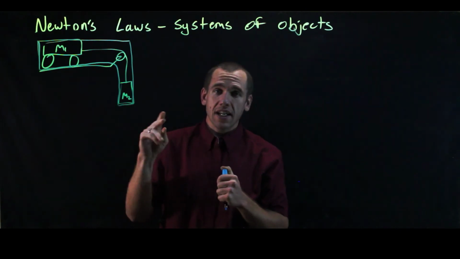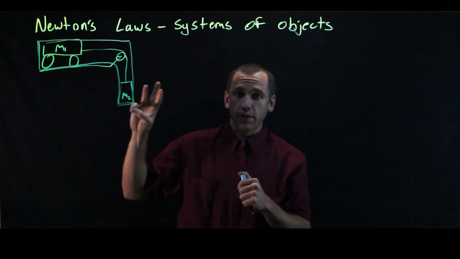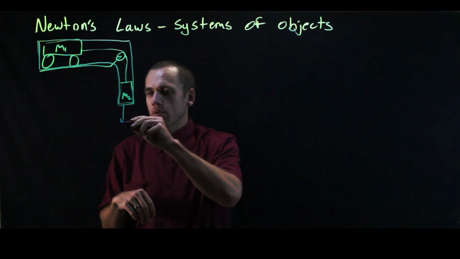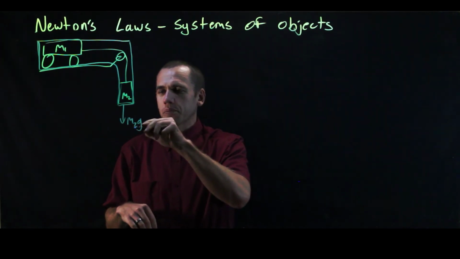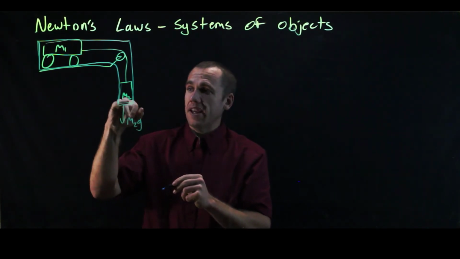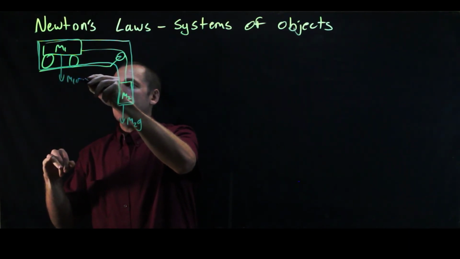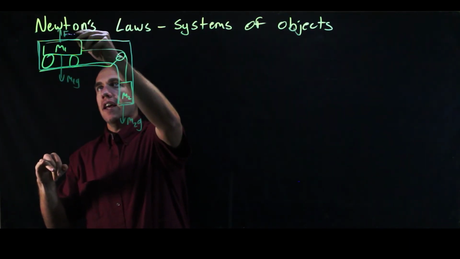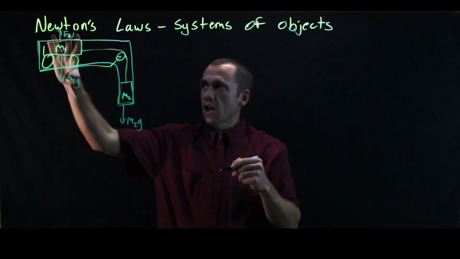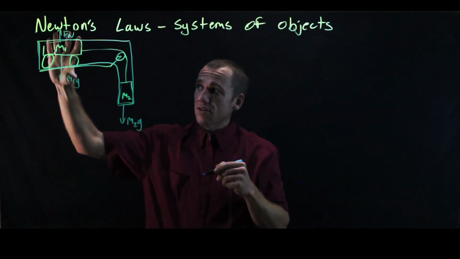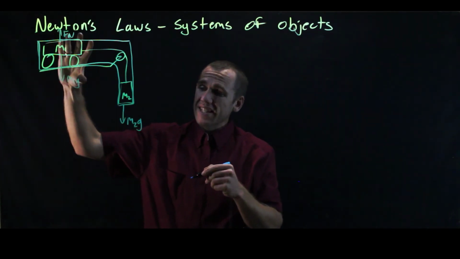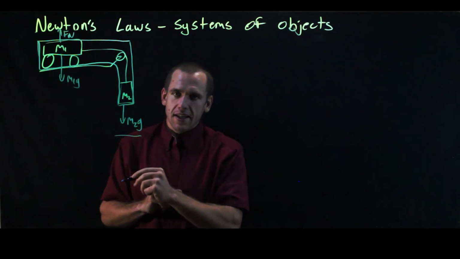As far as I can tell, there are three forces coming from outside this system. There's this force right here, m2g, the force due to gravity acting on mass 2, and there's this force right here, m1g, and there's this force right here, Fn. Those forces right there still balance, so those sum to 0, which means the only unbalanced force is m2g.